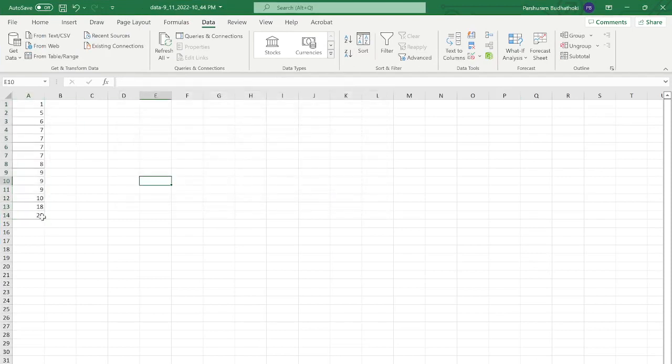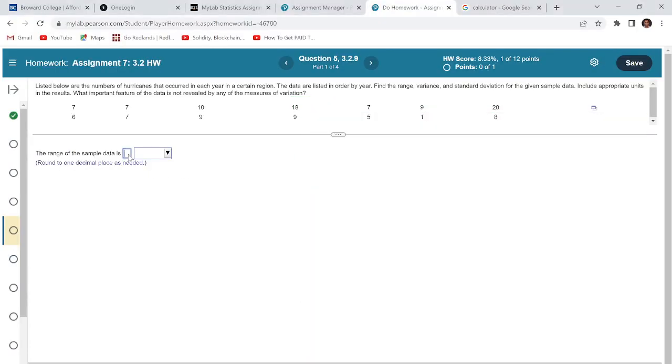Now the data is sorted. The smallest one is 1, the largest one is 20. So the range means largest minus smallest, which is 19 in this case. So the range is 19.